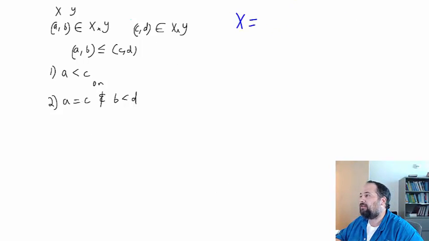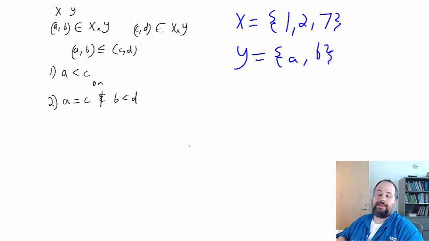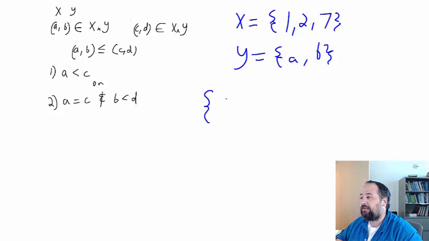Let's say that X is {1, 2, 7}, and Y is the letter A and the letter B. Those are our two sets. What would be the lexicographic order of the entire set of all possible values? That is, if we were to define the set X cross Y, what is the entire lexicographic order?